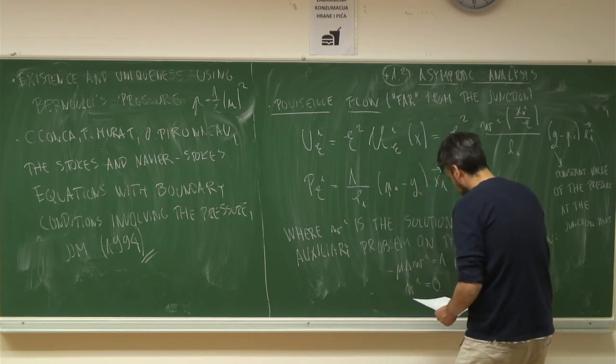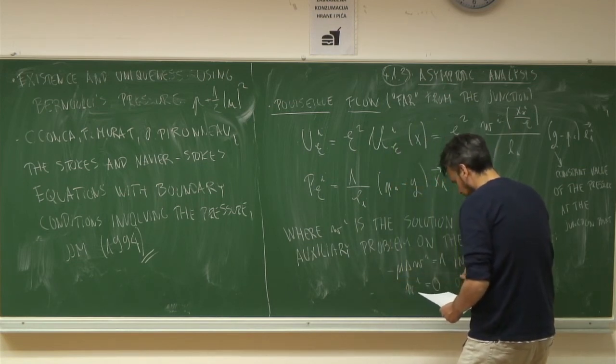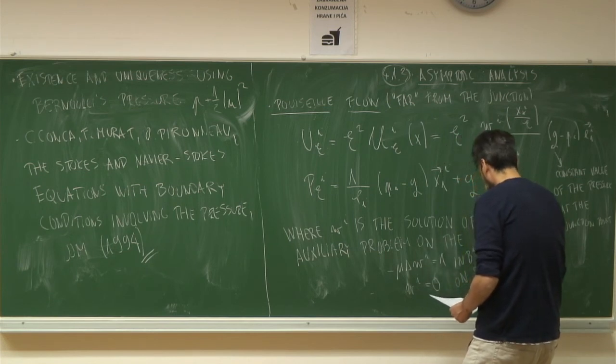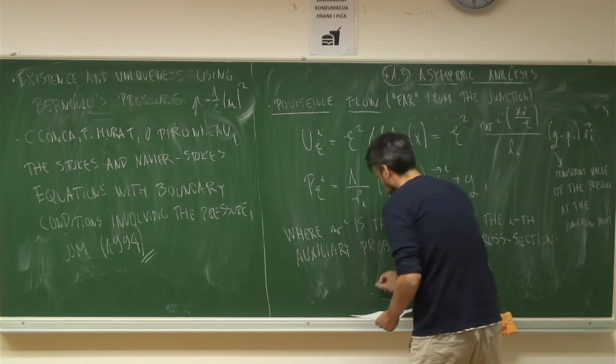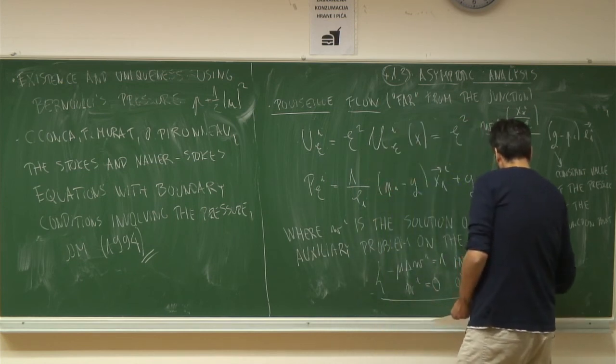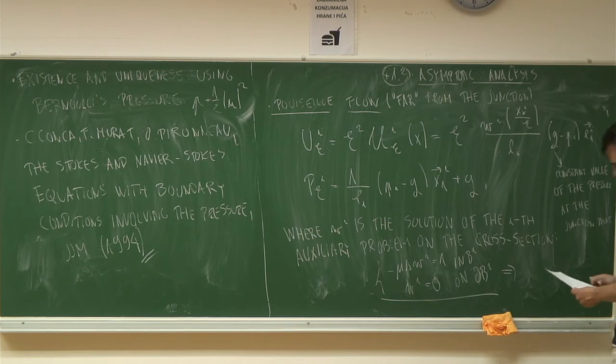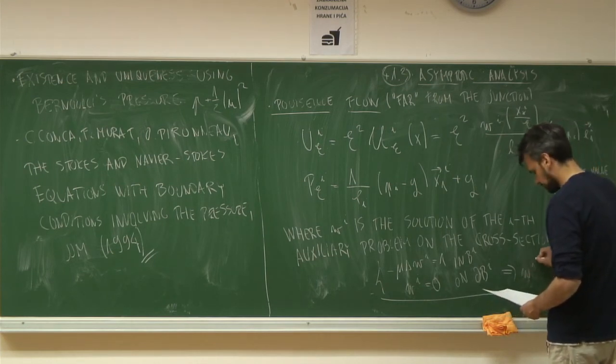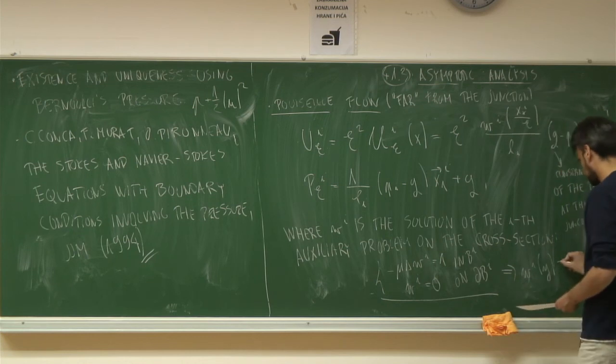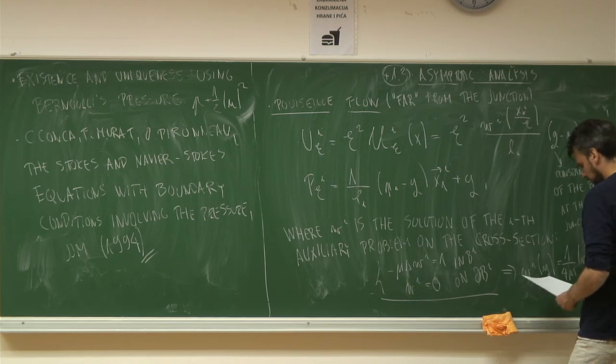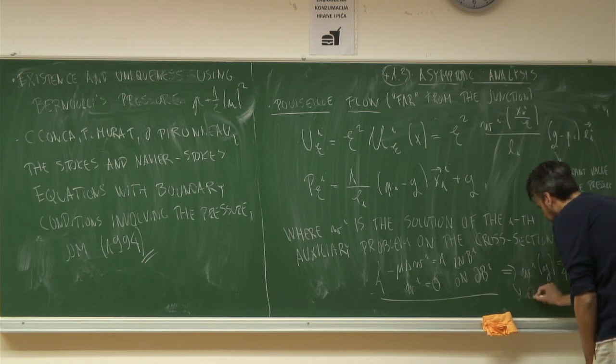So this is in B_i, and this is on the boundary of B_i. Okay, so in the case of circular pipe, you can obtain that this v_i of y is 1 over 4μ (R_i² − |y|²). So this is the case of circular pipe.